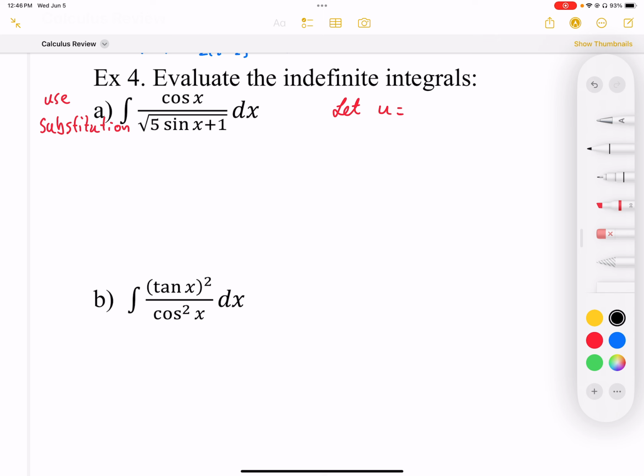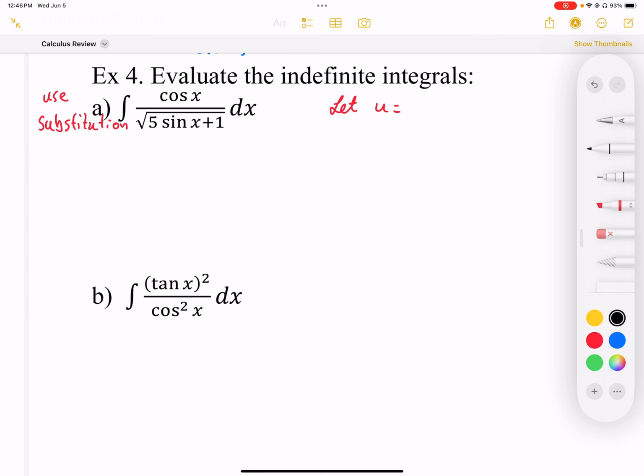And the key to substitution is we need to choose an inside function whose derivative will be accounted for on the outside. So in this case, there's really not much choice. The only inside function we can use is this one here. We could possibly use the whole square root, but it makes more sense to at least try just the inside there. So I'm going to let u be 5 sine x plus 1.